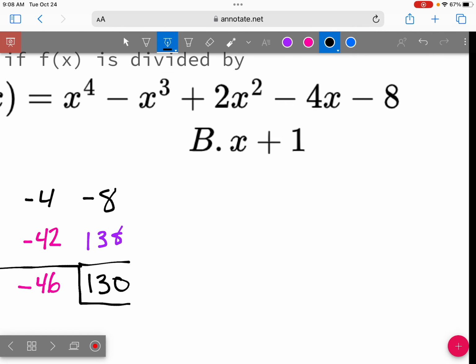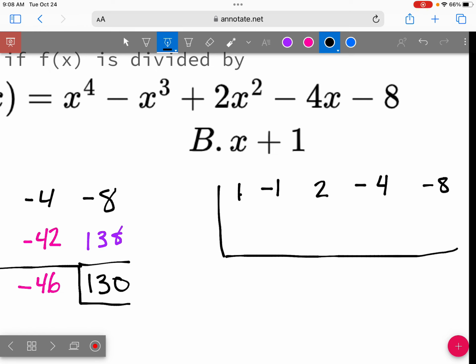Okay, it's going to have the exact same coefficients since we're using the exact same polynomial. So when we're setting up our synthetic division, it's the same stuff on the top. We're going to have our 1, -1, 2, -4, and -8. What's our root here? -1.